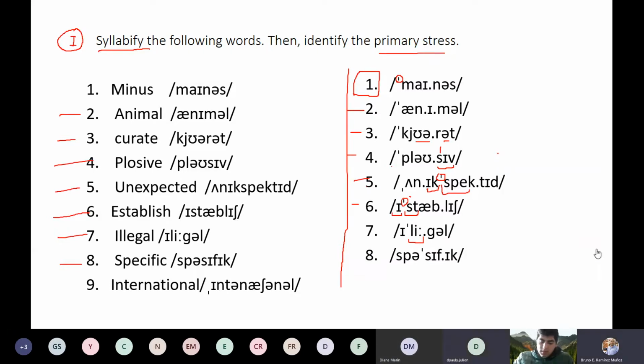All right then. Specific. Yes. All right. And the final one.